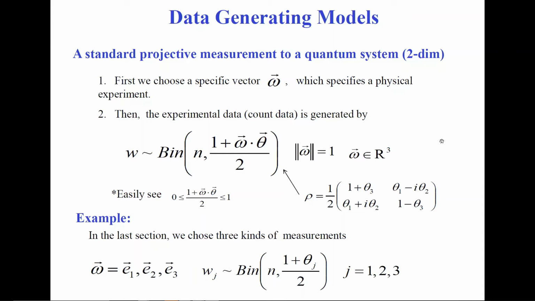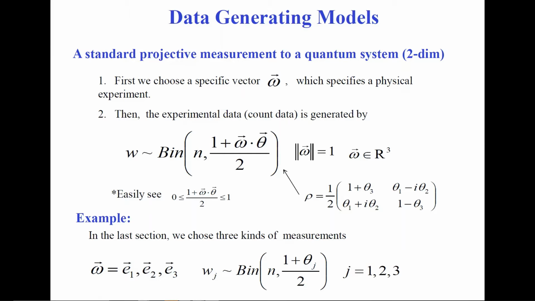Okay, now consider data generating models. We avoid the definition of quantum measurements, so-called POVM or projective measurements. We avoid a complete description of quantum measurements, but we only introduce very specific cases.